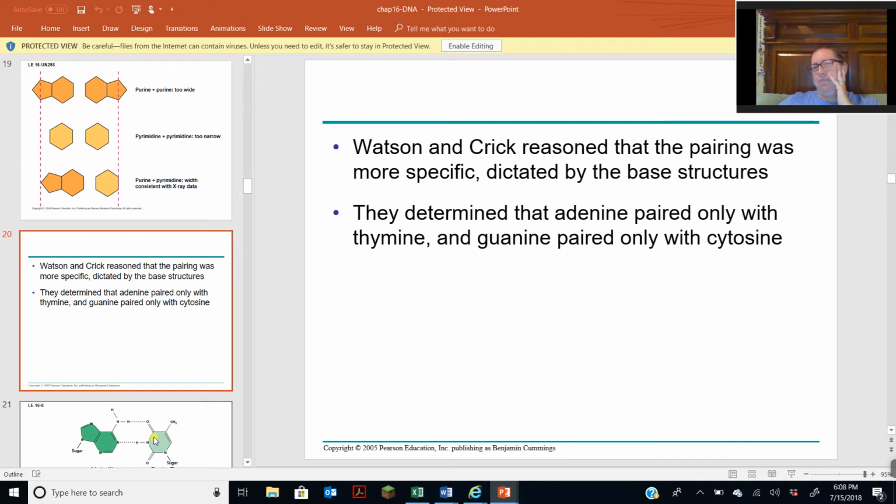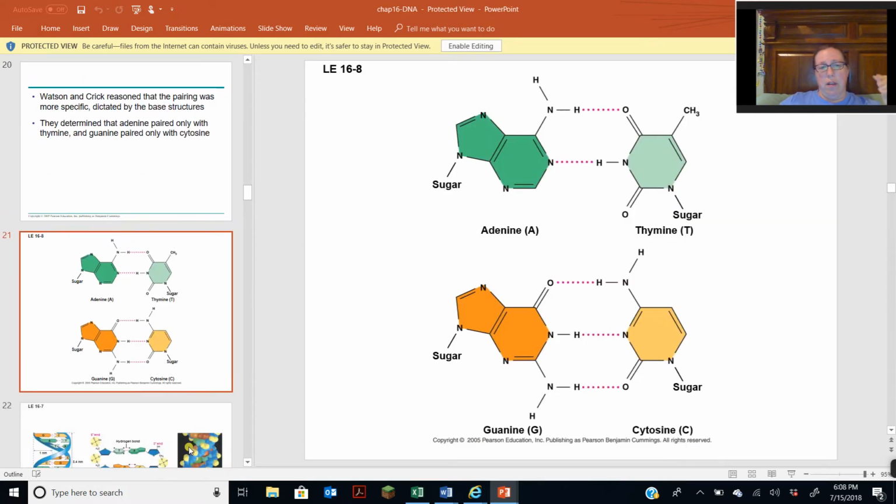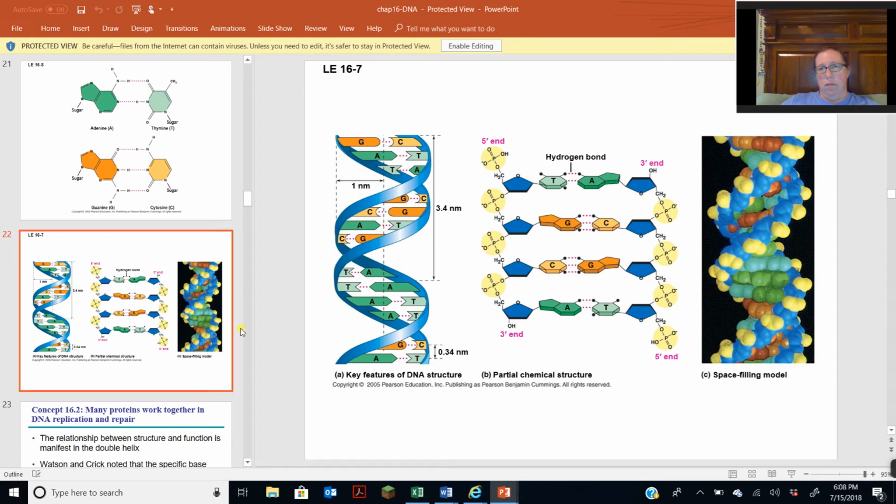That's really, in a nutshell, what they did, and for that, that's their credit. It's not so much that they single-handedly figured out the model.